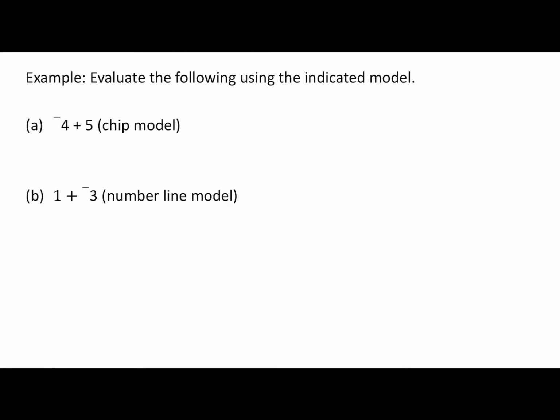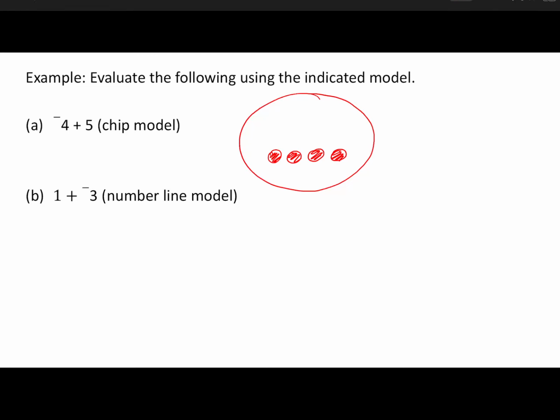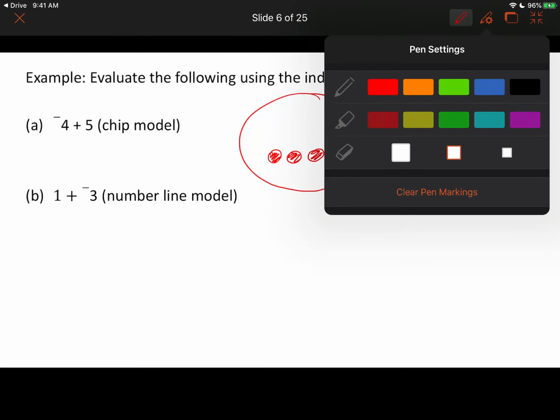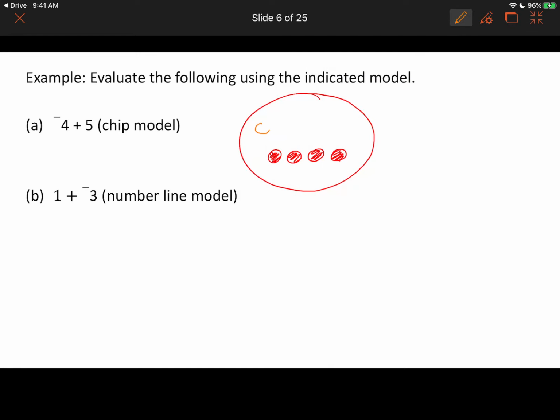Let's do a couple more examples. Let's model -4 plus 5 using the chip model. So I'm going to start with my set. I have -4, so I'm going to put in 4 red chips. And I have +5, so I want to put in 5 yellow chips. I don't have yellow, so I'm going to use orange. 1, 2, 3, 4, 5.